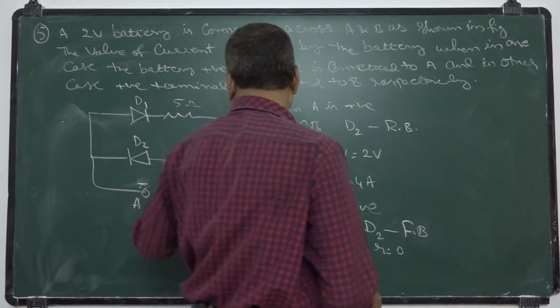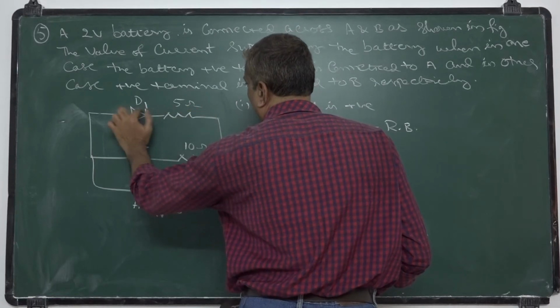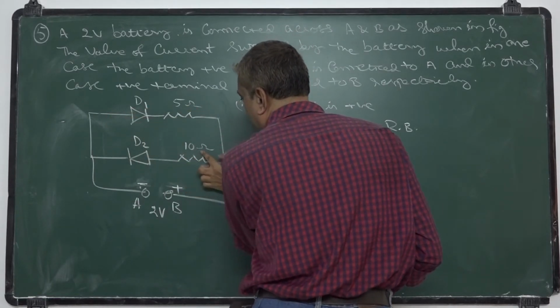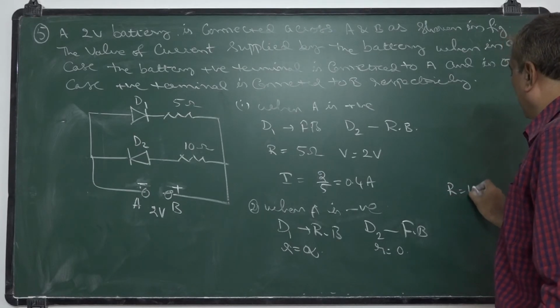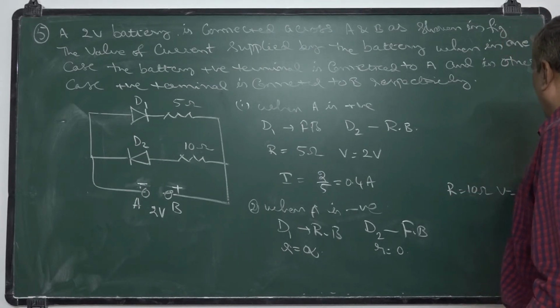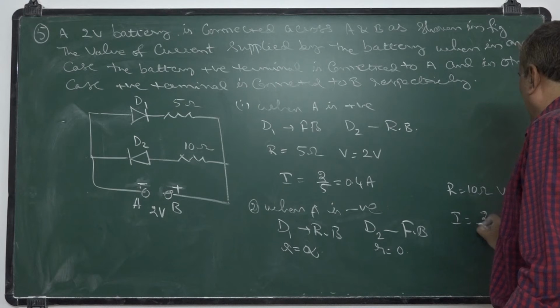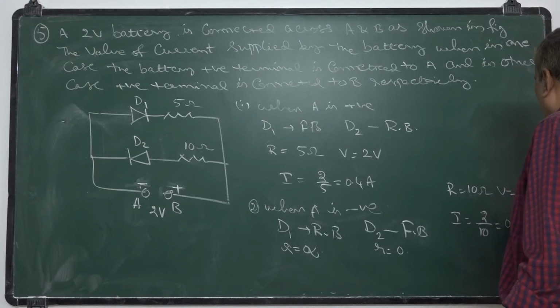So in this case current won't flow across this, so the resistance becomes 10 ohm. So in this case, R is equal to 10 ohm, V is equal to 2 volt. So current I is equal to 2 by 10, that is 0.2 ampere.